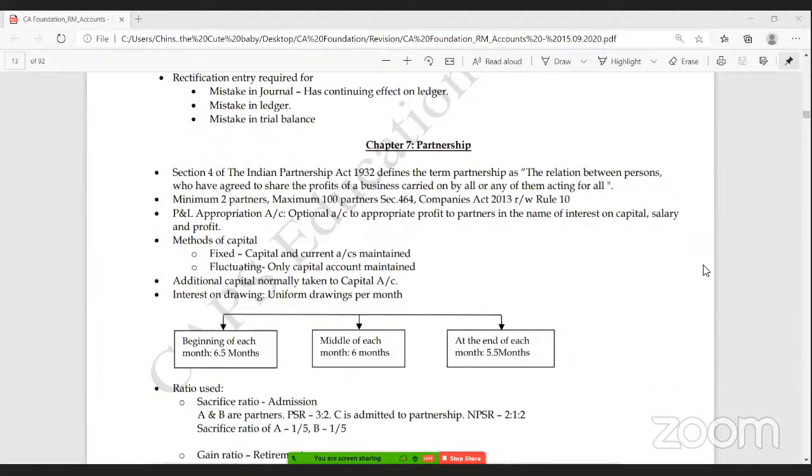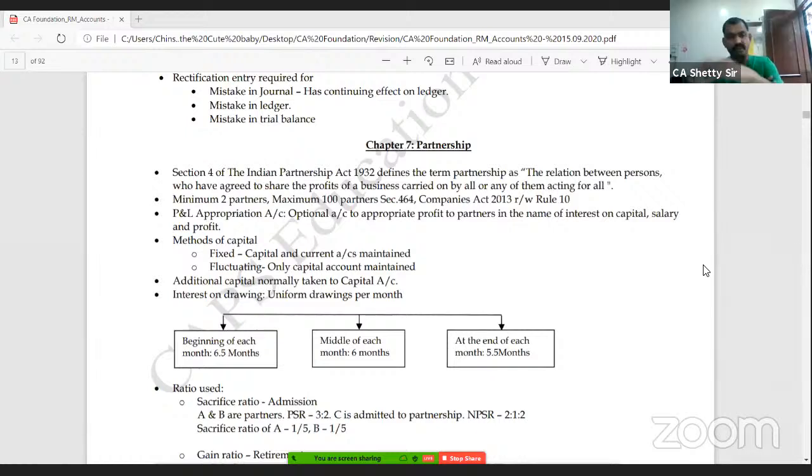Profit and loss appropriation account is an optional account to appropriate the profit to the partners in the name of interest on capital, salary, and profit. Methods of maintaining capital: fixed and fluctuating. There are 2 methods. So imagine my shirt. It is not a t-shirt. I have a pocket on this side and a pocket on this side.